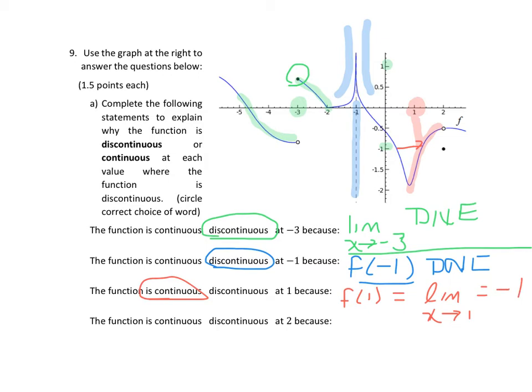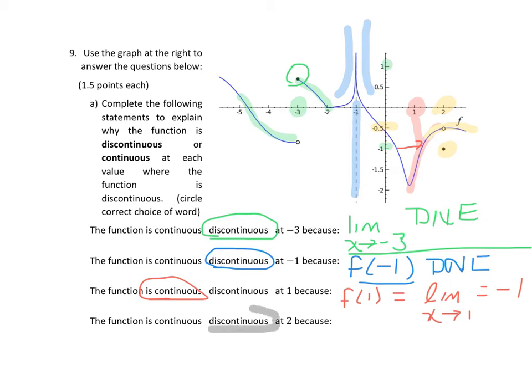And then the last place that we look is going to be at 2. And notice that at 2, f of 2 is defined. f of 2 is defined to be negative 3. But the limit, while it does exist from both the left and the right and matches at negative 0.5, the function exists, but the limit value does not equal the function value.